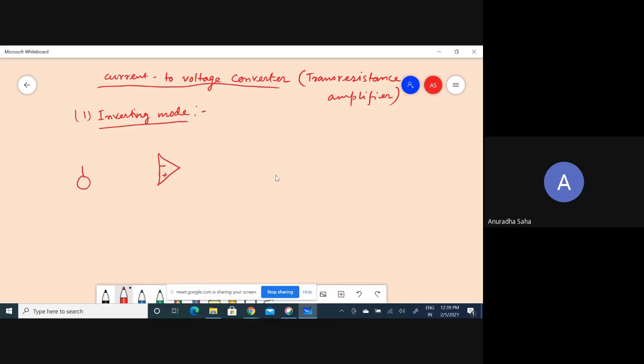This is my current source, current to voltage converter. So here is my current source. In parallel, I have one resistance. Let's say this is my input resistance R. Let's make it ground. This is coming to your inverting terminal. From here, we have one feedback resistance.